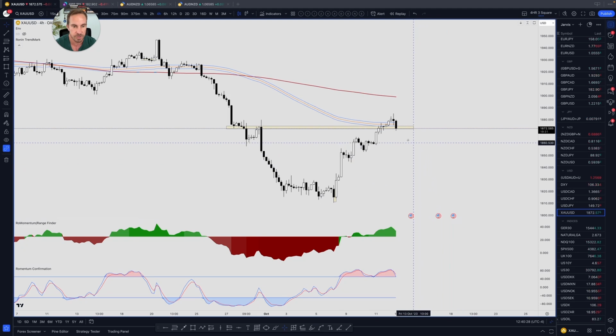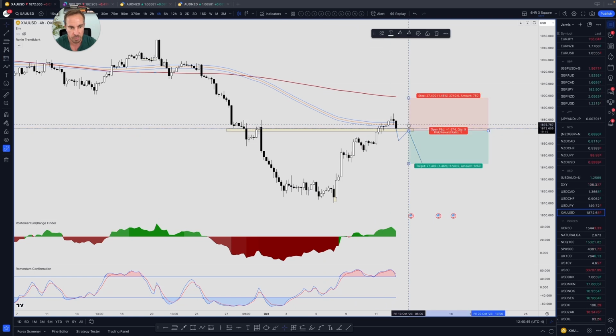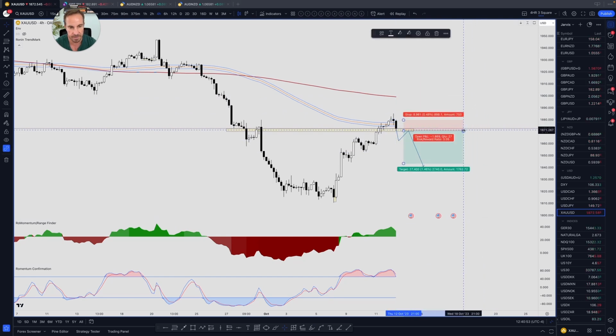If dollar strength continues, if we break this structure right here, right, then finding an entry possibility somewhere around there on the short side where you can really maximize your risk to reward. And before the CPI data, dollar strength kind of looked like it was gone.